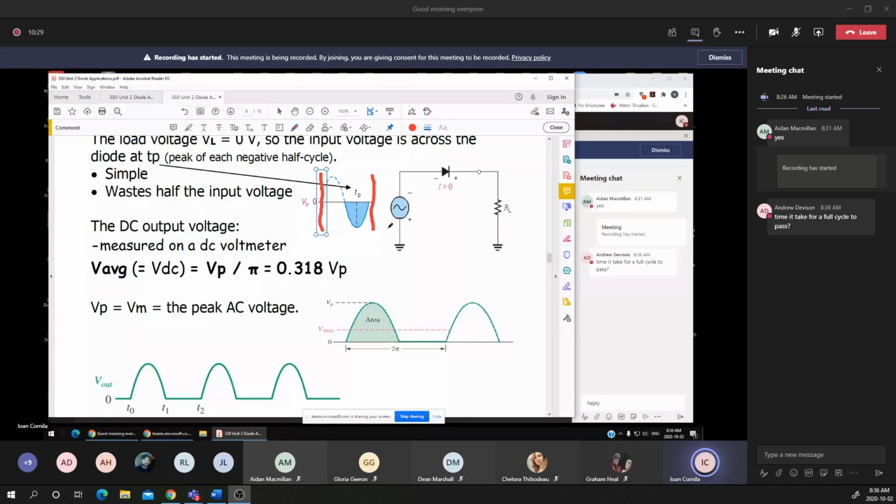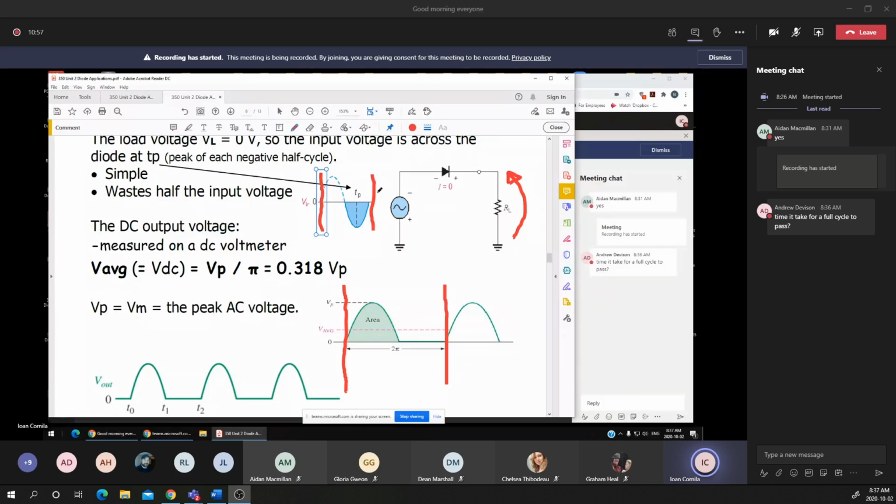Now I'm doing the same thing on the output. Remember that the V out or the VRL, that's your output voltage. What is the period or what is the frequency of the output voltage? I'll do the same thing. It is a repetitive signal. That's the period of the output voltage or the VRL.